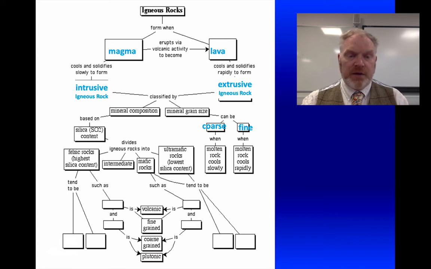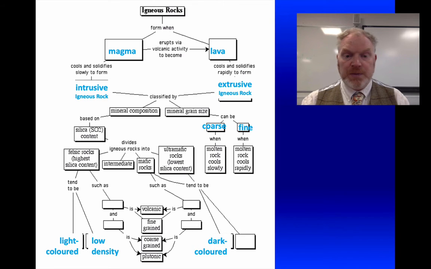In this table they've called it felsic. That's an old-fashioned term. We'd use the word silicic. Silicic rocks with a high silica content tend to be light-coloured and low density. Ultramafic rocks, on the other hand, tend to be dark-coloured and high density.